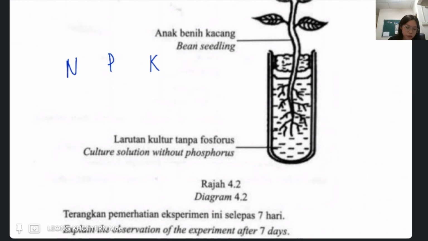So for nitrogen, what is most important is that it is very important for the synthesis of protein. And it's also important for chlorophyll formation.